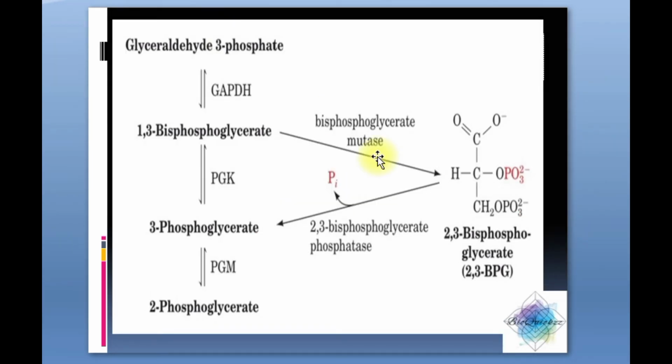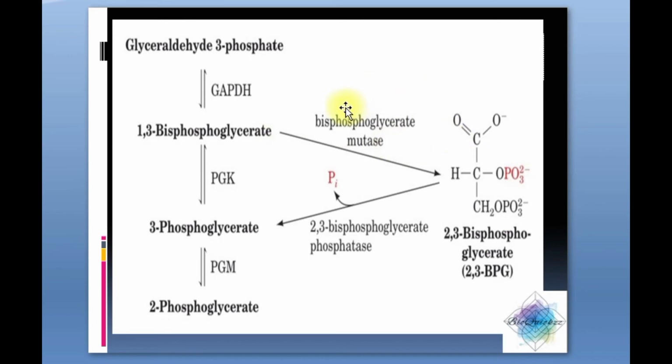The pathway of synthesis of 2,3-BPG in erythrocytes is a detour from the glycolytic pathway. Here 1,3-bisphosphoglycerate is changed to 2,3-bisphosphoglycerate or 2,3-BPG. The enzyme used here is bisphosphoglycerate mutase.